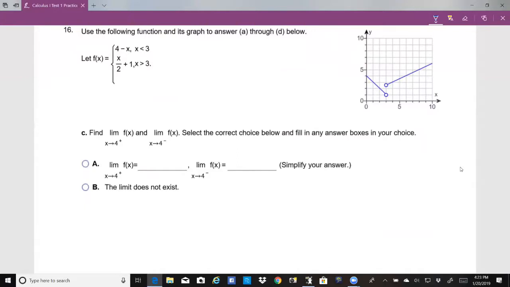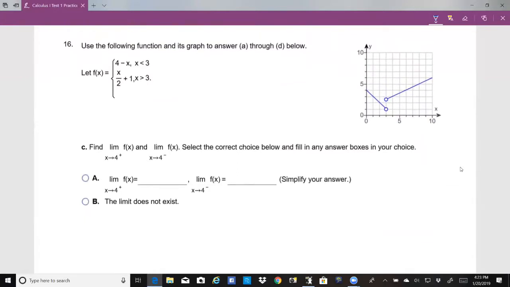Now, we're looking at another value of x that's being approached. Here we're talking about x equals 4. Looking at this function as f of x, as x approaches 4 from the right, it looks like the limit is 3.